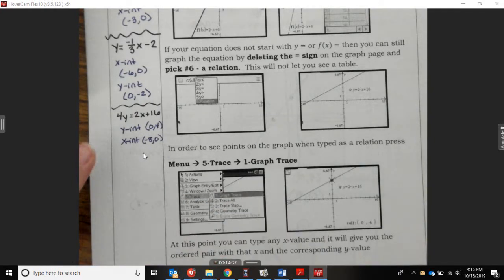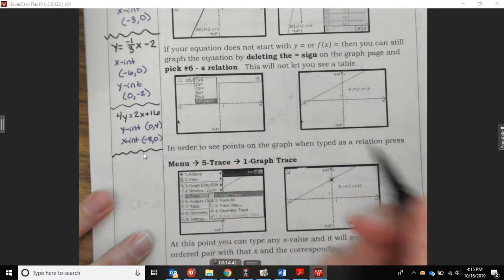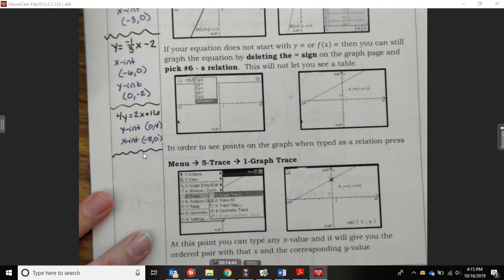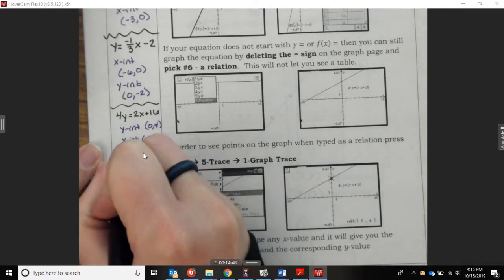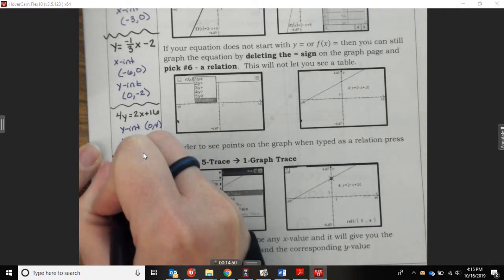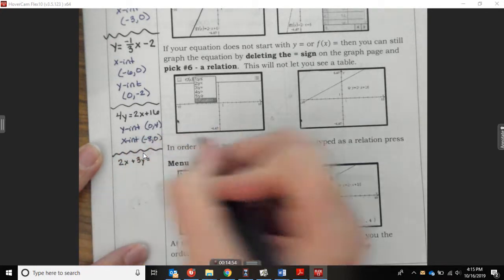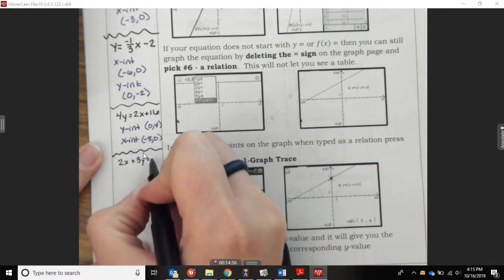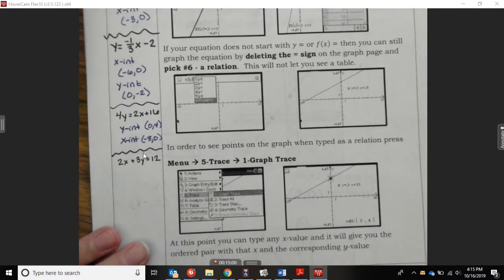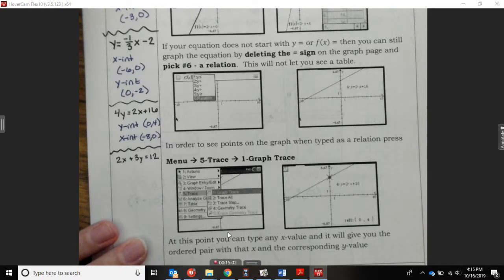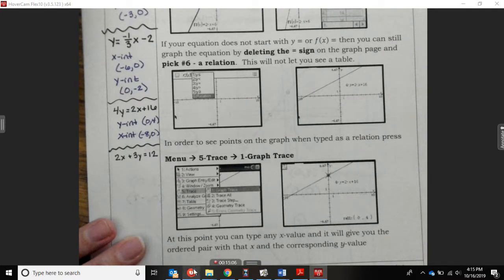All right, so now I'm going to give you one to try. Okay, so if I say 2x plus 3y equals 12, let's go to a graph page and see what the x and y intercepts are.